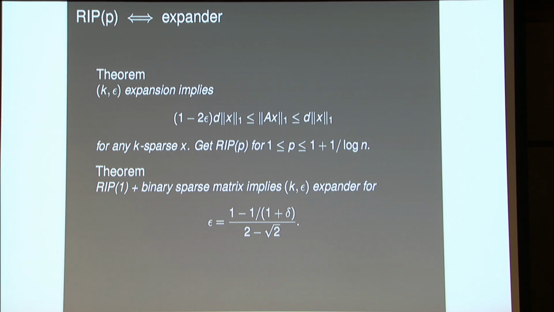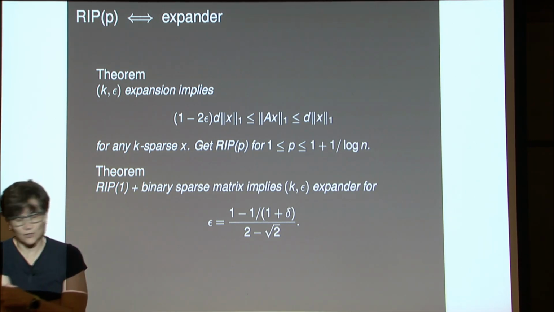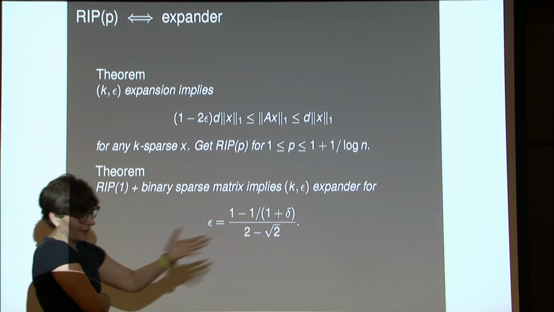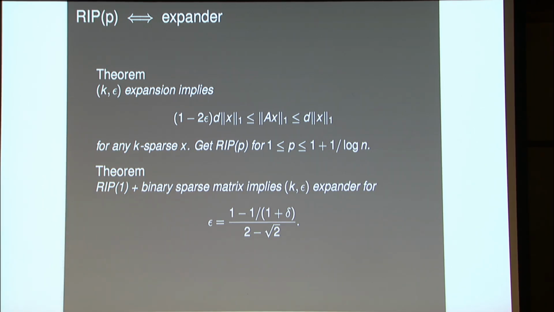In particular, RIP-1 gives you essentially an exact characterization of these bipartite expanders. So the theorem is, roughly speaking, that a matrix will satisfy RIP-p for a certain range of p if and only if you have an expander, which is a lovely marriage, I think, of geometry and combinatorics, and not a known characterization of expanders in terms of spectral properties of the matrix.